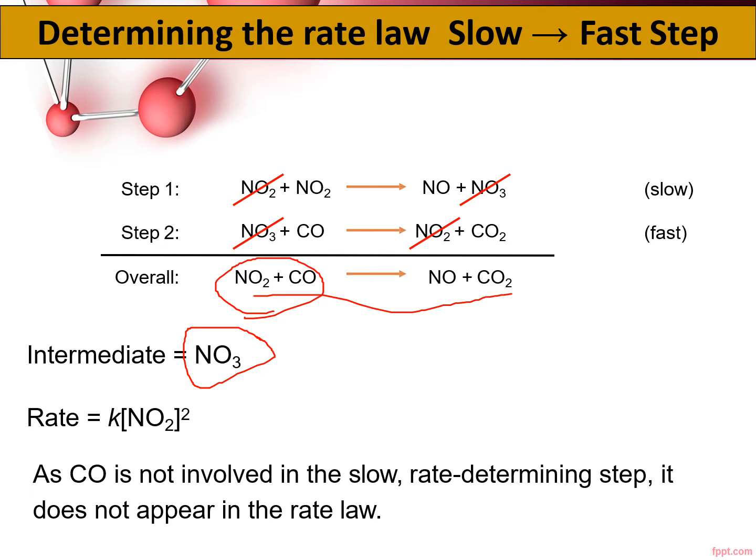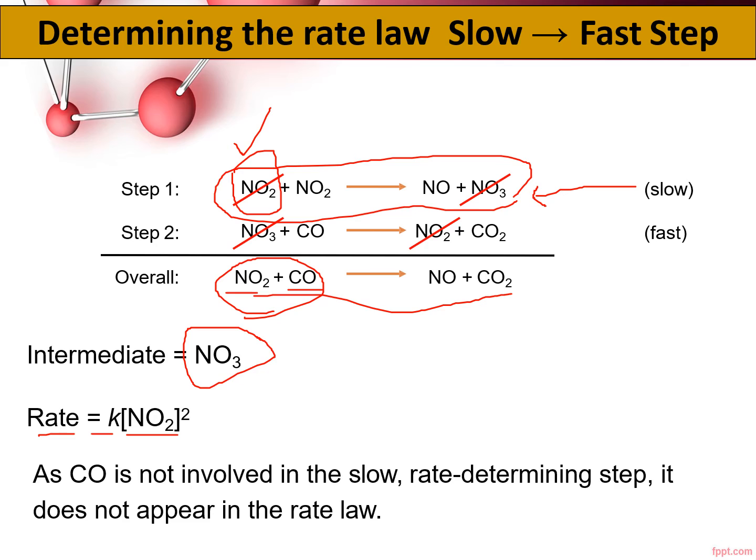For the rate, it is from your overall equation, but you have to be careful. First thing first, you have to check your reactant: is it involved in the slow step, the rate determining step, or not? So the rate is equal to K times the concentration of NO2, because NO2 is involved in the rate determining step.